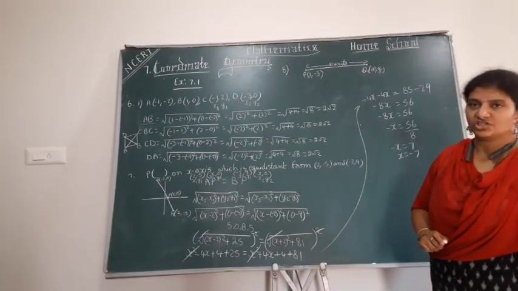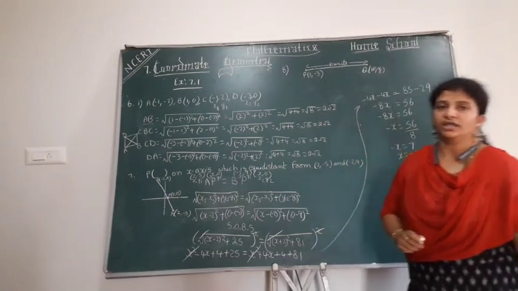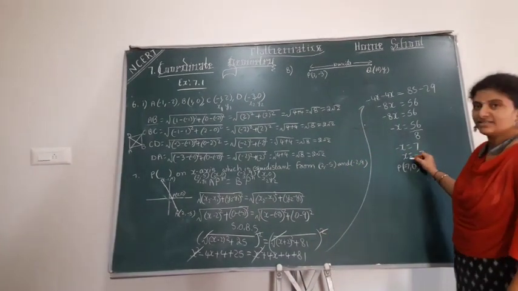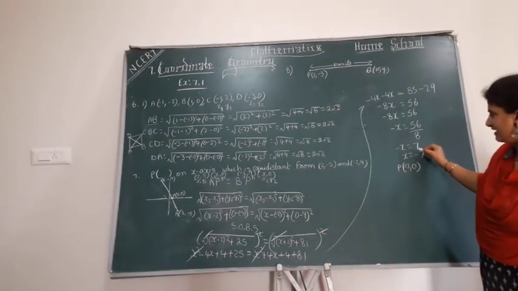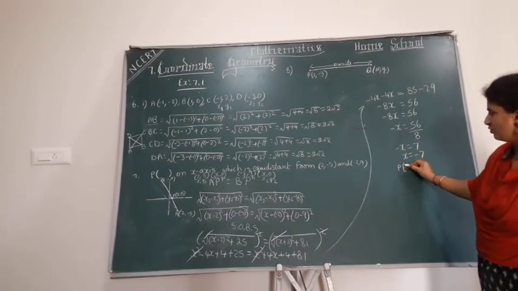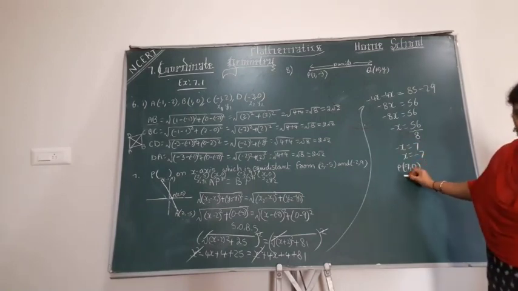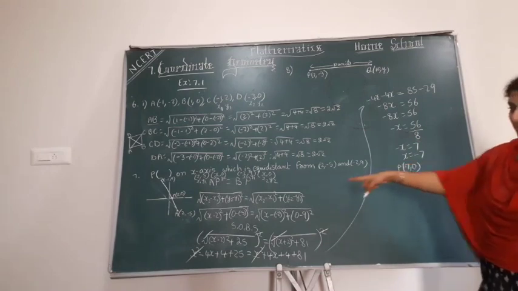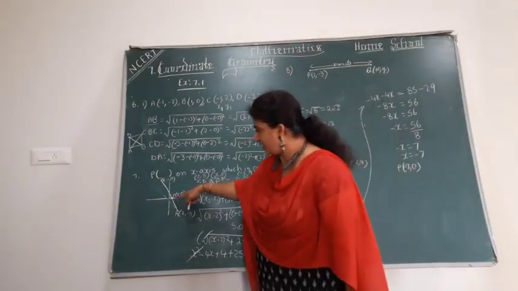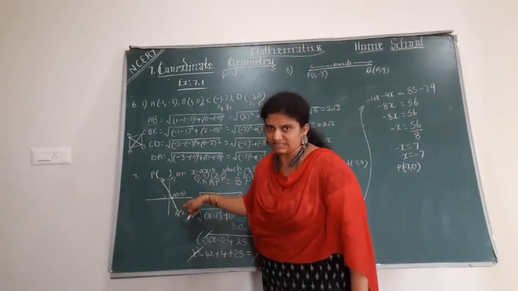Finally, what is our question? What is the coordinate on x? X is equal to minus 7 we got here. So no need of deleting minus 7, we are going to take minus 7. When we assumed here, we have taken a line. This is just the assumption line.